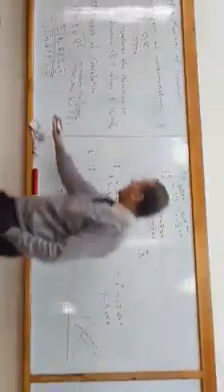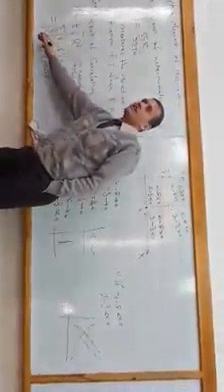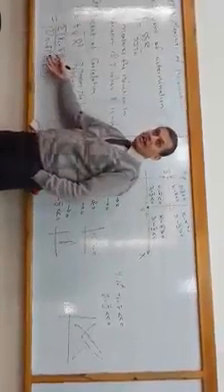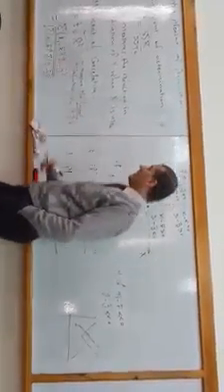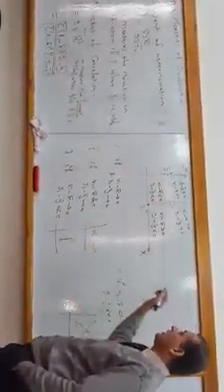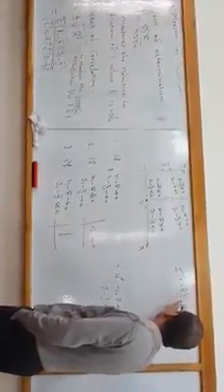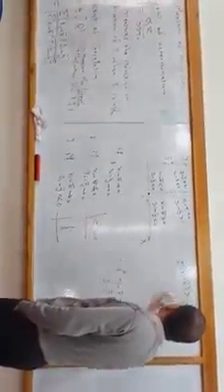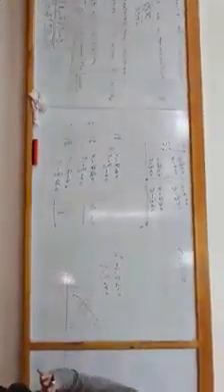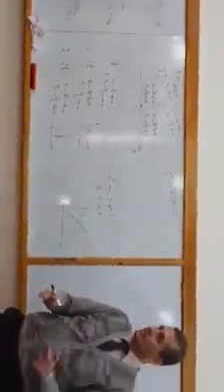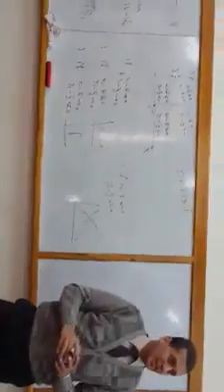We divide it by the square root of the variances in order to normalize the formula. The summation of xi minus x bar times yi minus y bar is an indicator for the linear association between x and y.